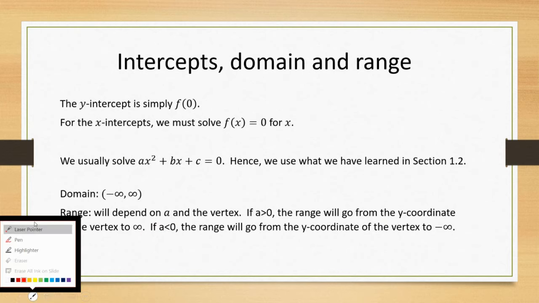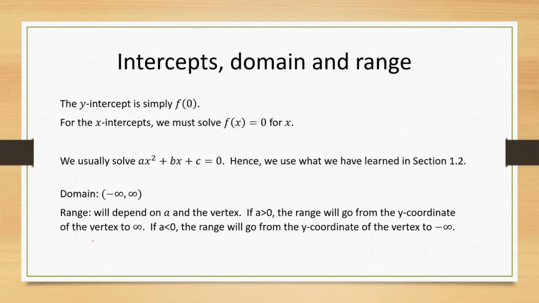Let me draw this. But basically, if A is positive, you know the graph's going to look something like this, as we already saw. So the vertex, which is down here, the range is going to go from the vertex up to infinity.